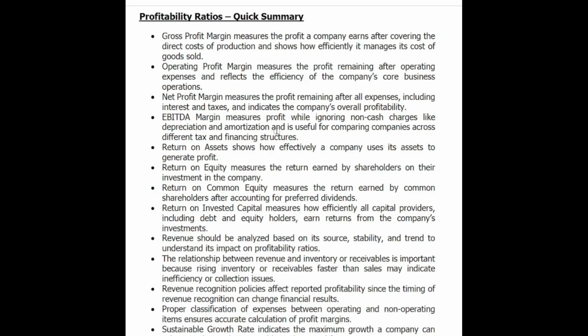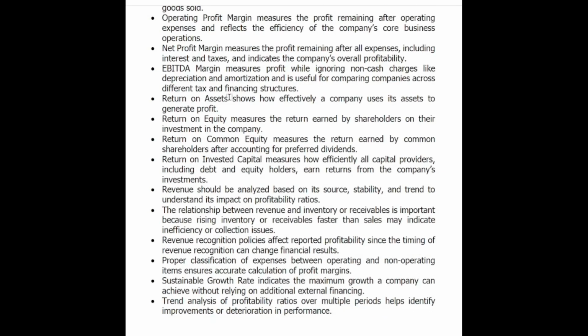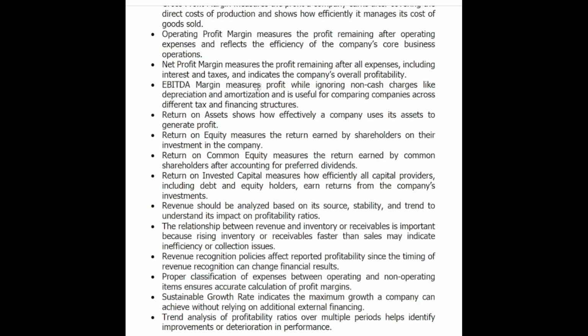The net profit margin measures the profit remaining after all expenses, including interest and tax, and indicates the company's overall profitability. The EBITDA margin measures profit while ignoring non-cash charges like depreciation and amortization, and it is useful for comparing companies across different tax and financing structures.